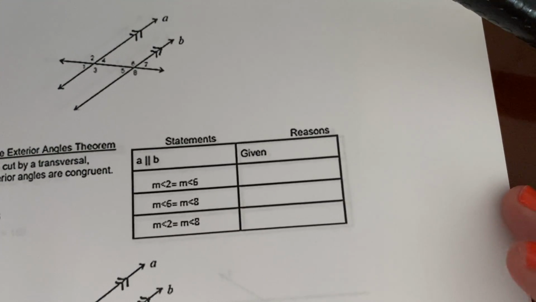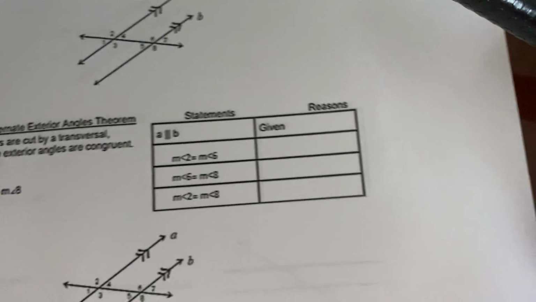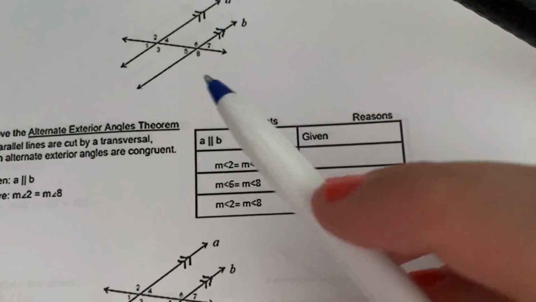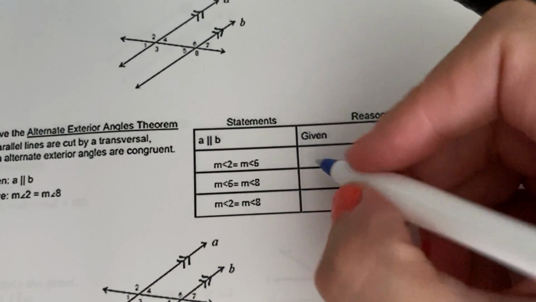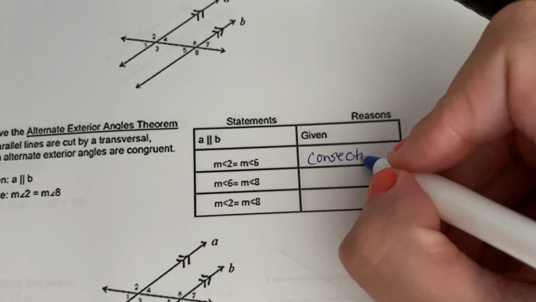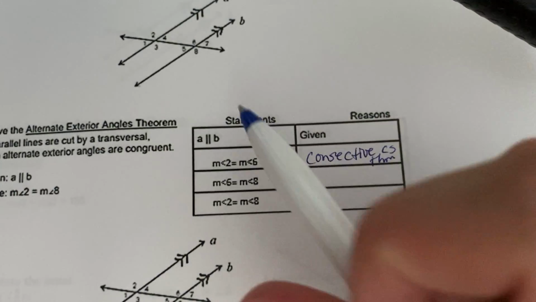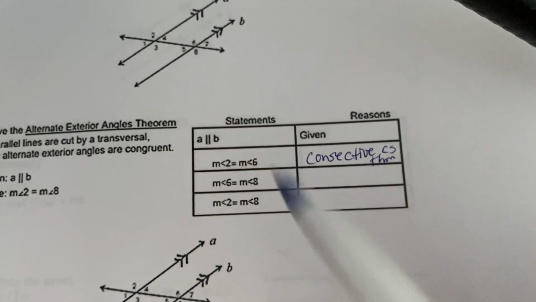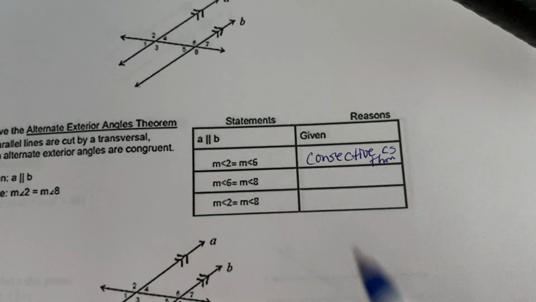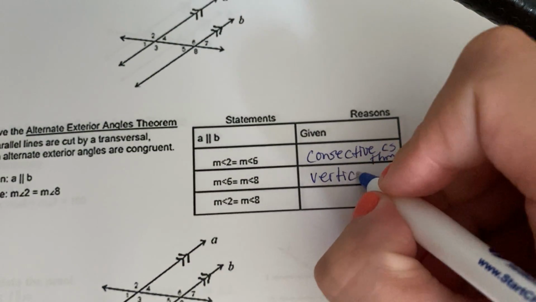Let's keep going. We're going to prove the alternate exterior angle theorem now. So we know 2 and 6 are congruent because of the consecutive angle theorem. We know 6 and 8 are congruent because they're vertical angles.